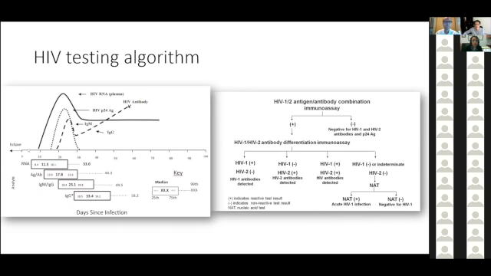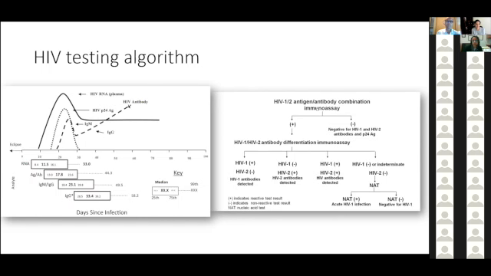I just included this here to show you some occasions when you can get a positive screening test and a negative confirmatory test, but a positive molecular test, because of what is known as the window period. Before your antibodies rise, the P24 antigen is detected before the antibodies, and this P24 antigen is a component of the screening test.